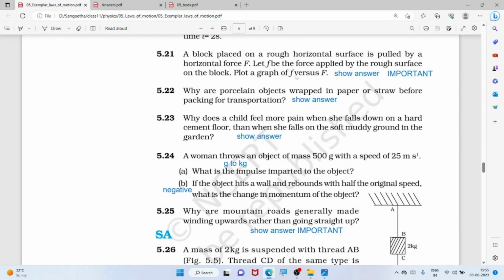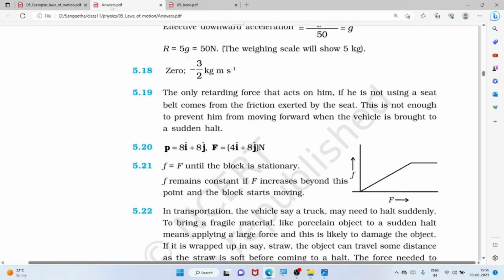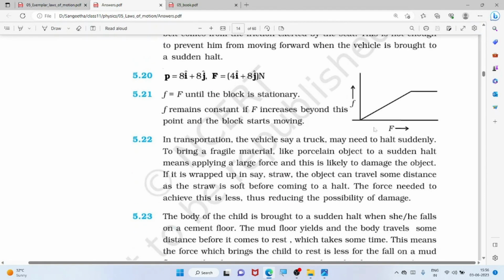A block is placed on a rough horizontal surface and pulled by a horizontal force. Let A be applied to it. Plot the graph, see the answer. When the force increases, the frictional force also increases.